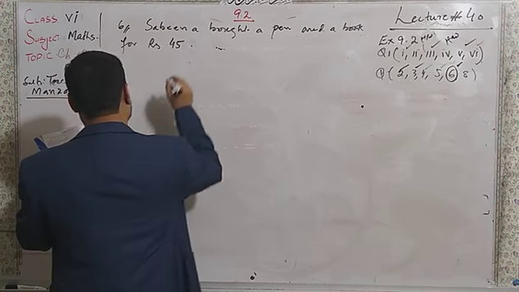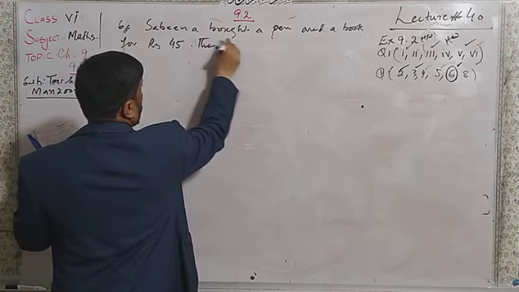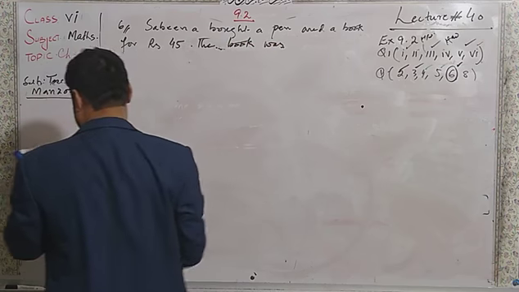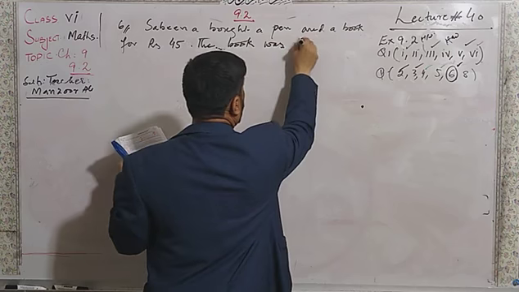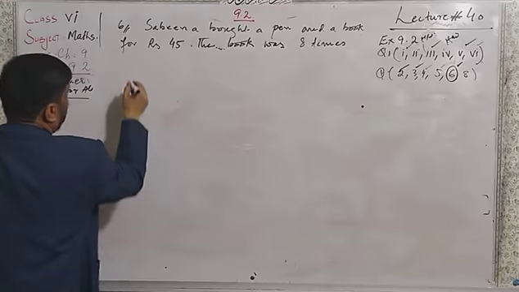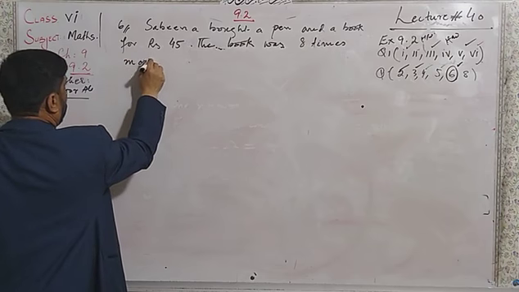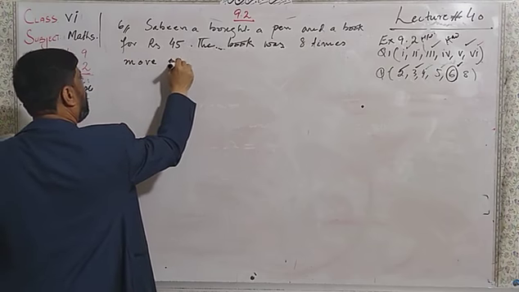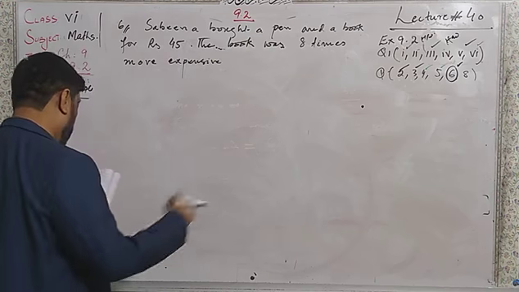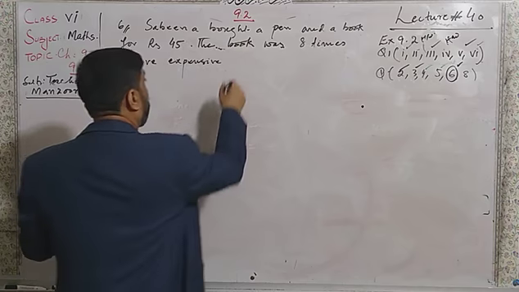Now here the book was 8 times more expensive. Times means multiply. More expensive means it was more expensive than the pen.